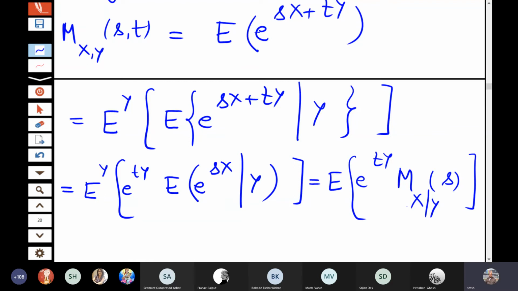The conditional distribution of x given y is normal, you know that. For a normal distribution with mean mu and variance sigma square, the moment generating function is e to the power mu t plus half sigma square t square. Now for the conditional distribution of x given y, you know the mean and the variance. So at the point s, the MGF will be e to the power mu s plus half sigma square s square, where mu is the mean and sigma square is the variance.